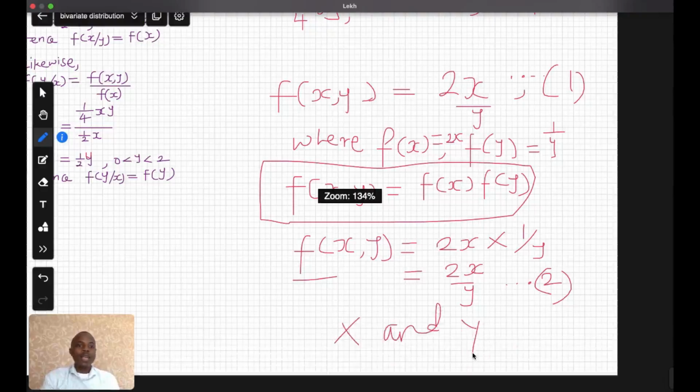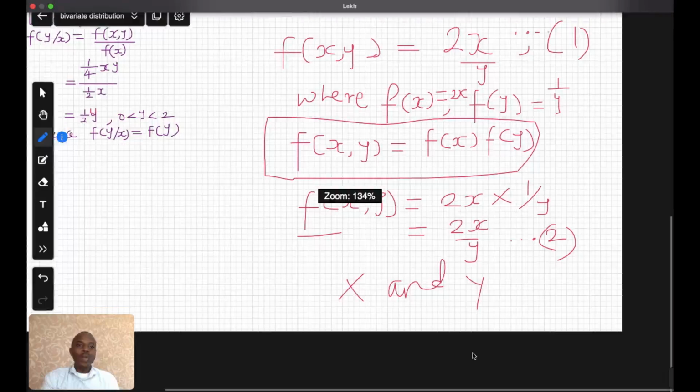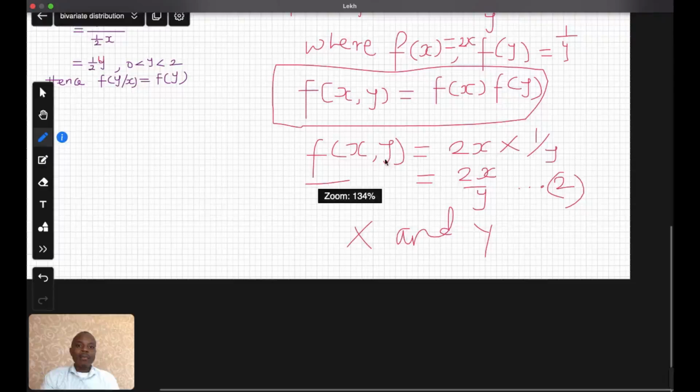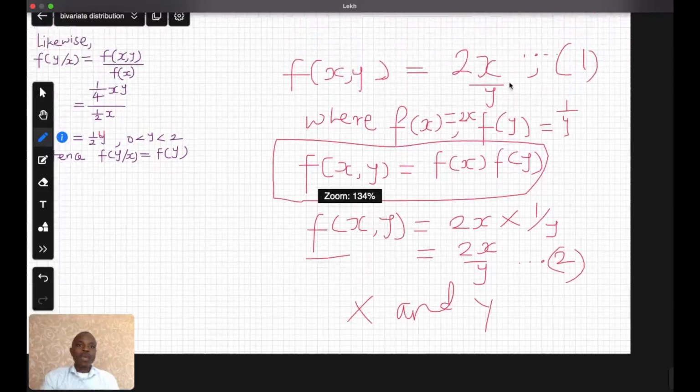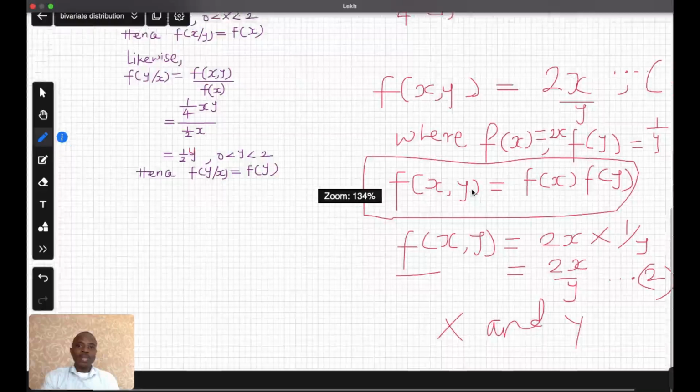That has shown that they are independent. But in a situation where they are dependent, then you will not have our f of x comma y in equation 2 to be equal to our f of x comma y in equation 1. So you need to be mindful of that.